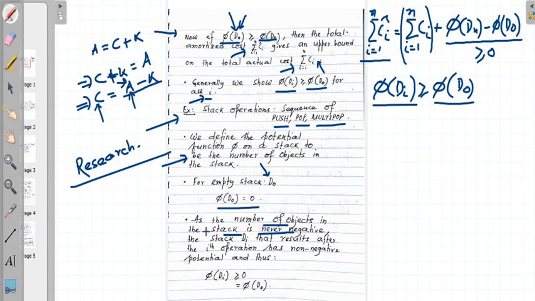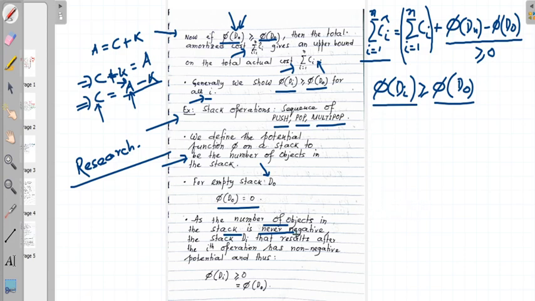Stack is never negative, as we have already defined that we cannot go beyond the empty stack. That means if the number of elements is 0, we cannot pop any other elements.